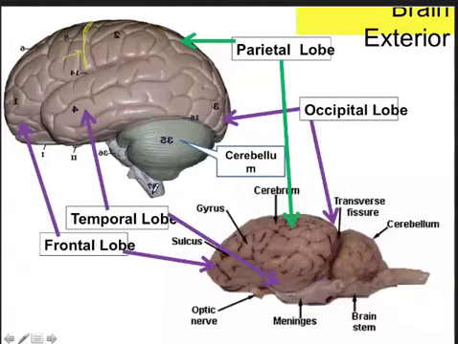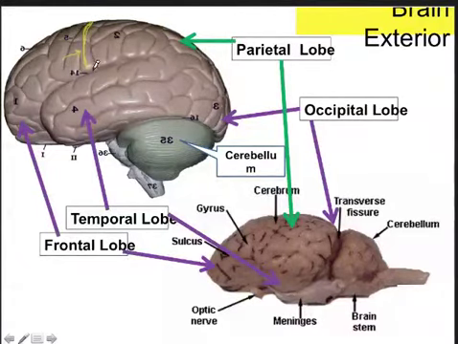In the case of the somatic motor system, the targets are skeletal muscle. In the case of the autonomic nervous system, they could be glands or other tissues. So that's just a general idea of what the frontal lobe is all about.